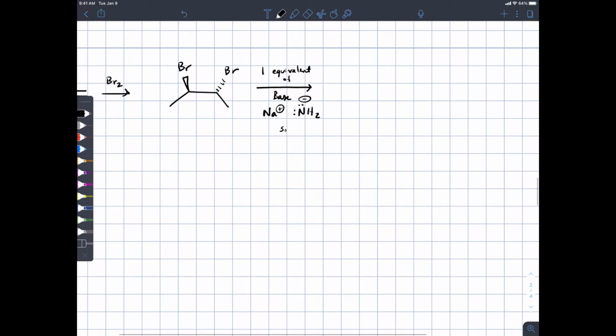It's not a good nucleophile because of solubility issues, but it is a good base because protons are easy to attack. You would do one elimination first.